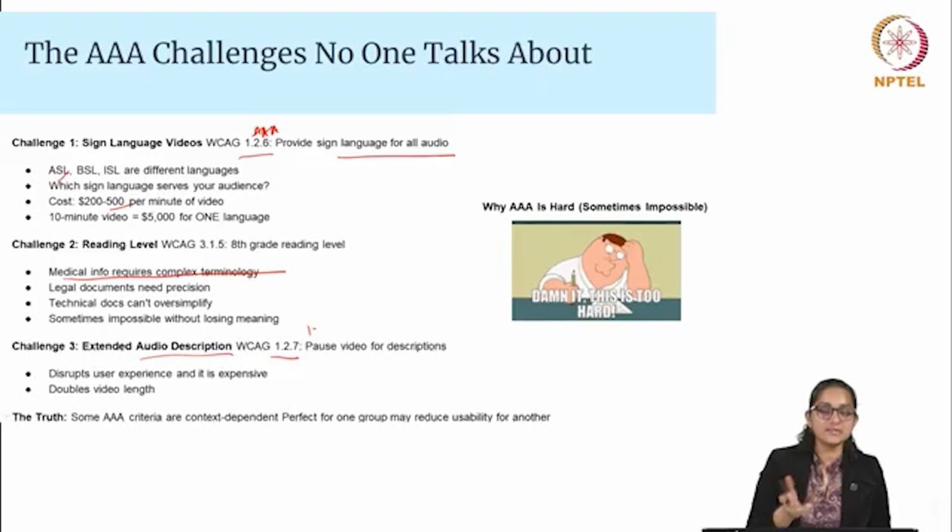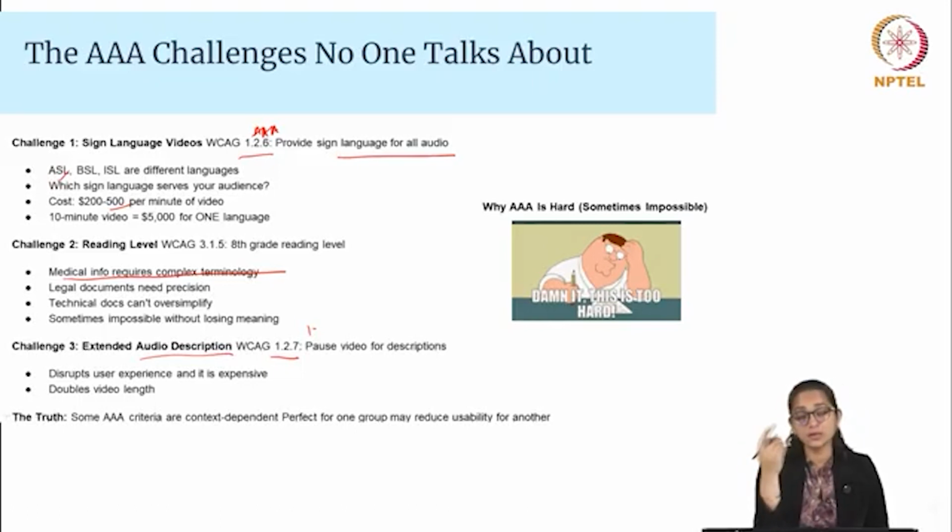It is definitely expensive to add those edits in between the audio recording, and it doubles the length of the interaction required, and also disrupts user experience to a large level.